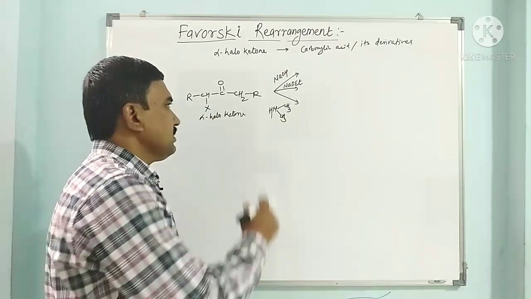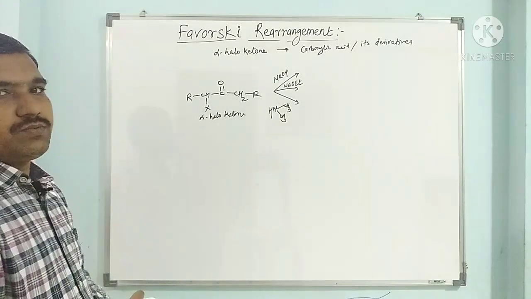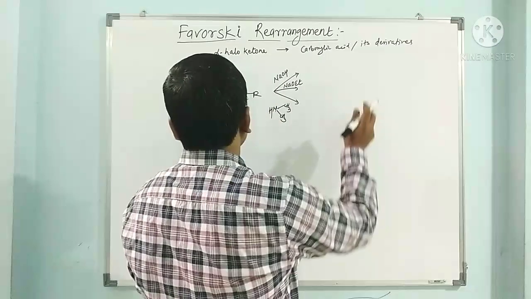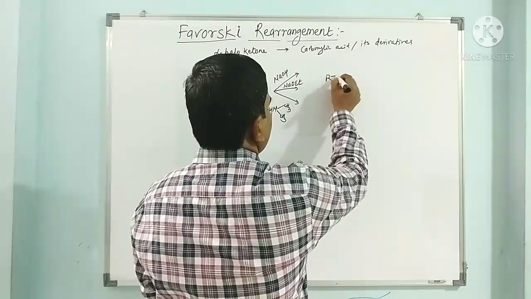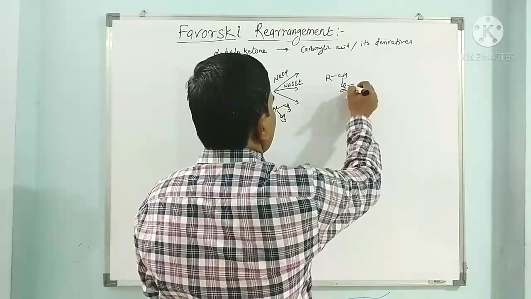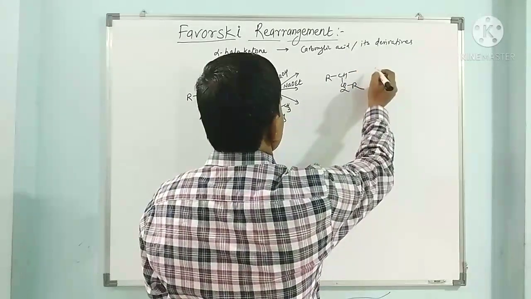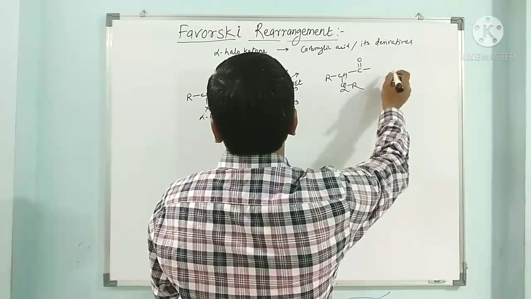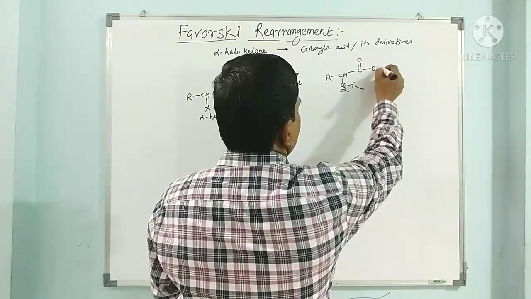Now we have to see which products we obtain here. So here we get R, CH, CH2R, CO, OH.